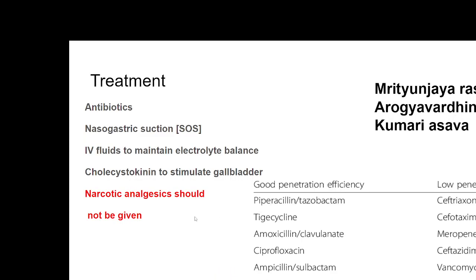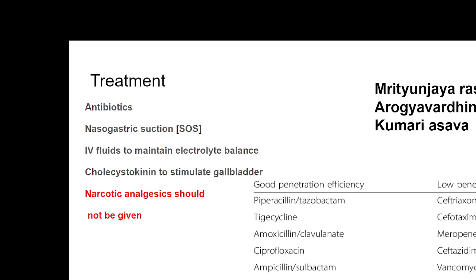Then the treatment in acalculous cholecystitis: usually a simple medical treatment would be enough, and the usual treatment would be antibiotics. The antibiotics preferred would be those which are secreted in the bile and gain sufficient concentration in the biliary juice.